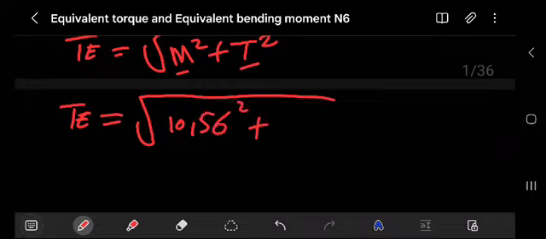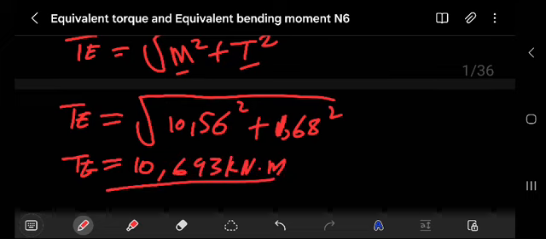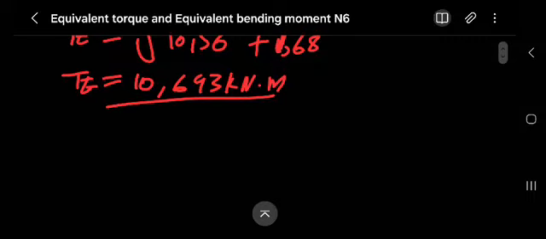Bending moment, the torque, it was 1,68. Square this, we'll have this to be 10,693 kilonewton meter.